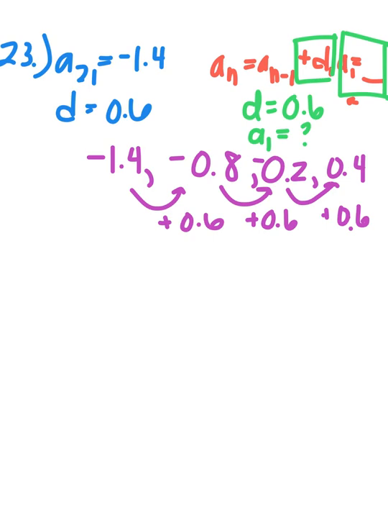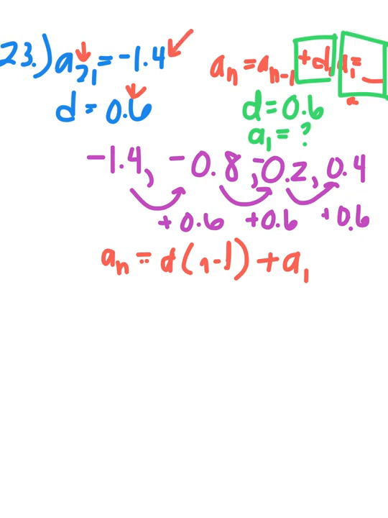So I'm going to take the explicit rule, a sub n equals d times n minus 1 plus a sub 1, and plug in d, plug in 21 for n, and negative 1.4 for a sub n.